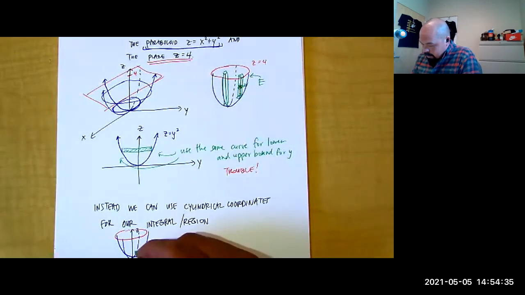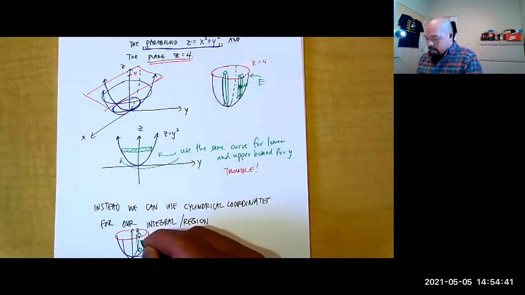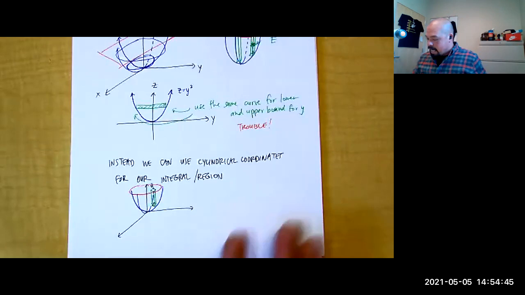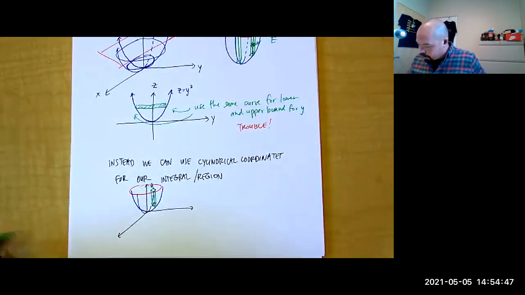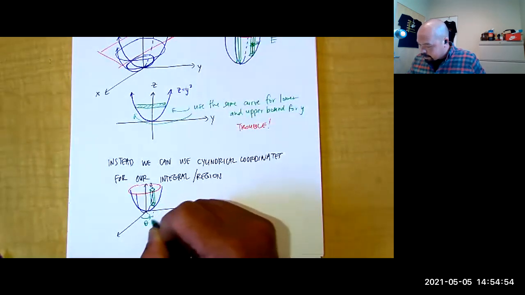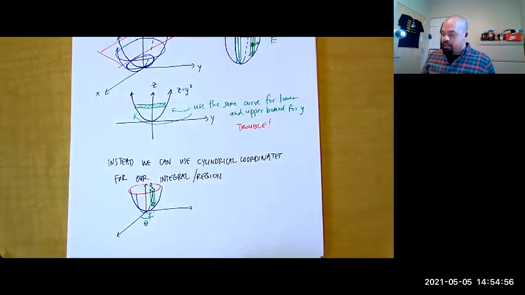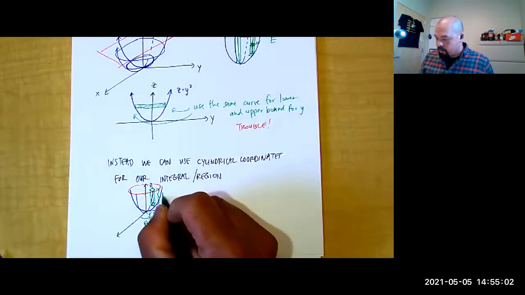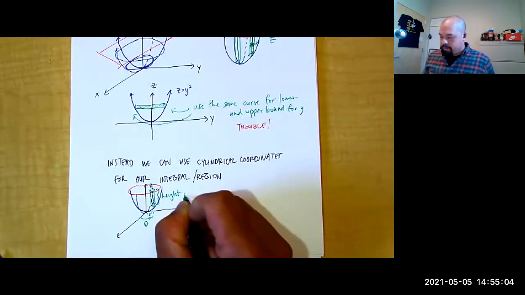When I think about my little column of volume to fill, instead I can locate the position of my column with an r, theta, and then that's going to be my height in z.